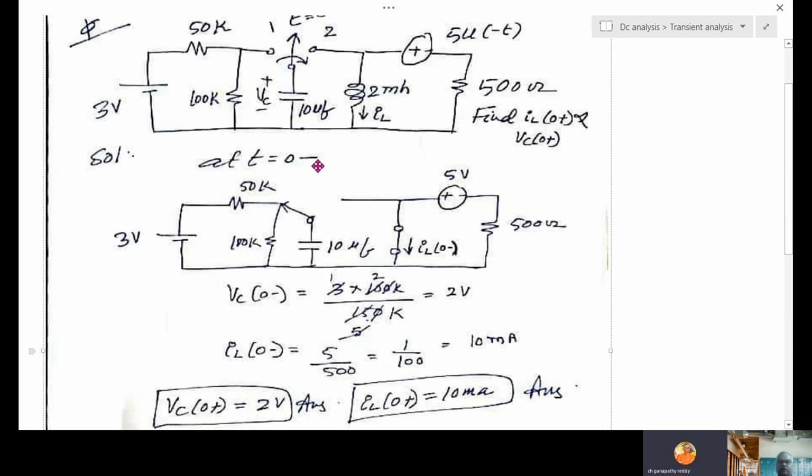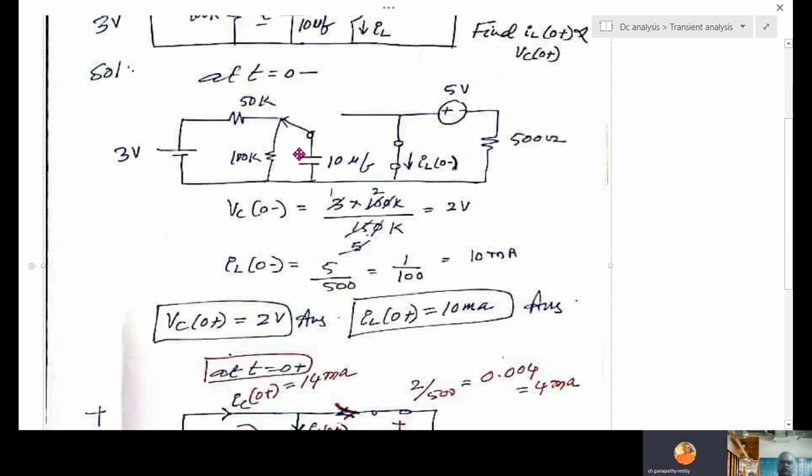So as usual at t equal to 0 minus, the switch is connected to number 1. Capacitor and resistor: here actually open circuit. And the inductor short circuit. At 0 minus this value is 1, so 5. What is this voltage here?